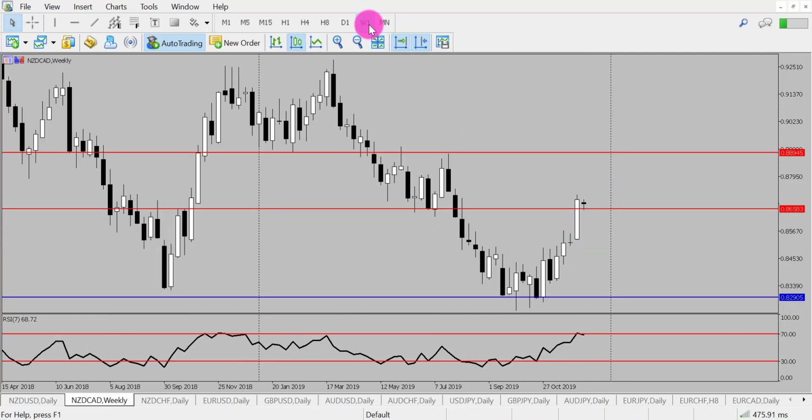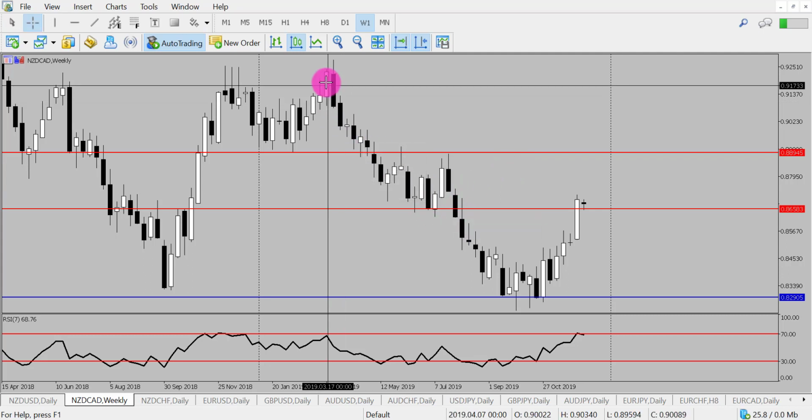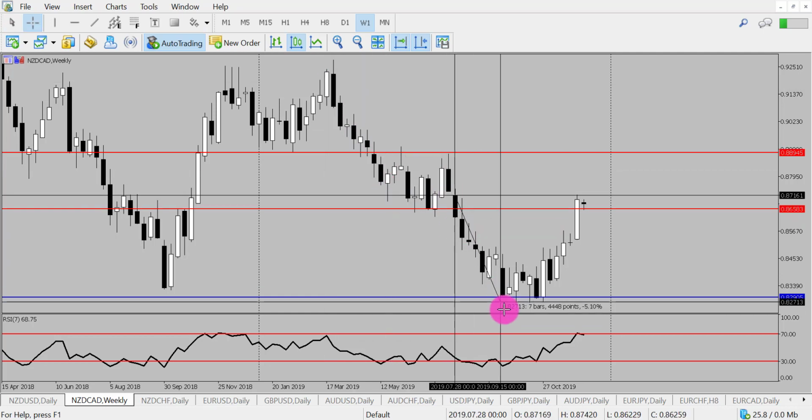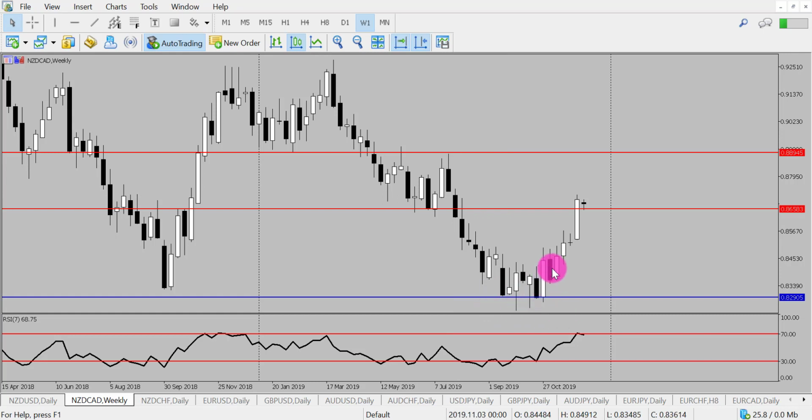Now, one area that we spoke of could act as a resistance point is the recent weekly lows. So this is where the market has impulsed, gone sideways, impulsed again. Now the market has pulled back into this point. Could this area act as resistance short term in our overall long term analysis?